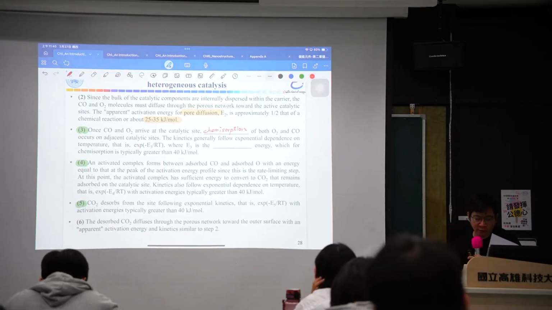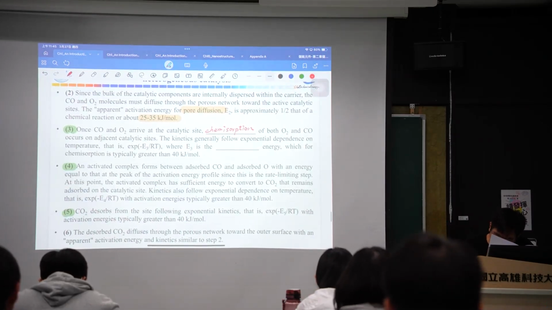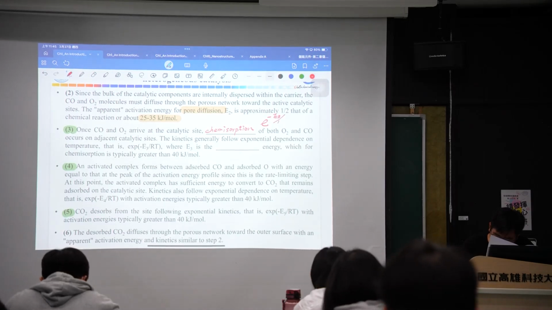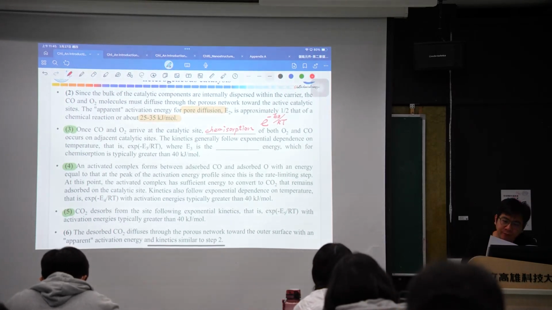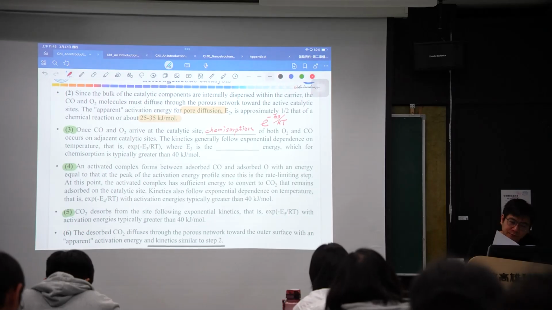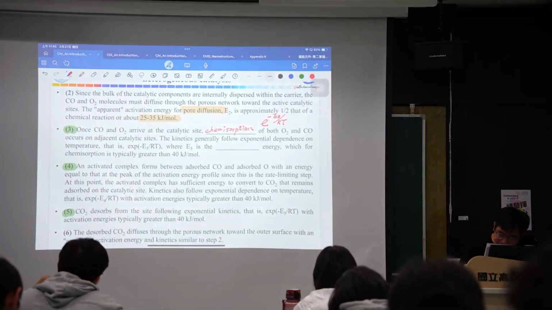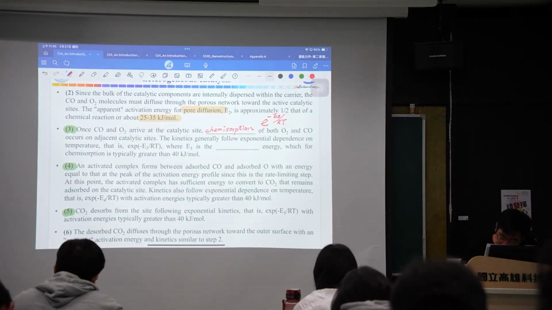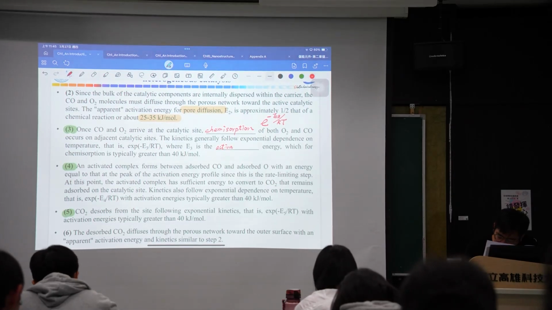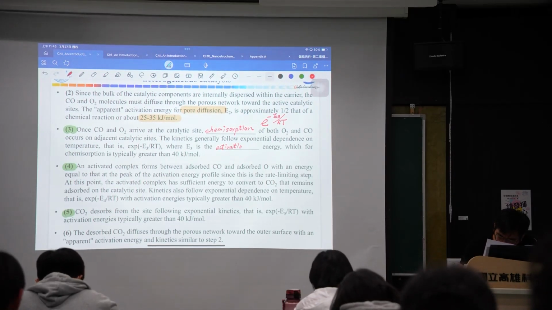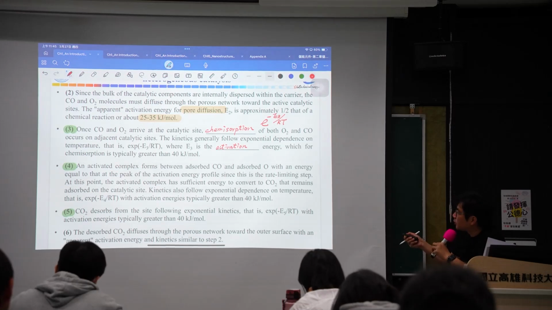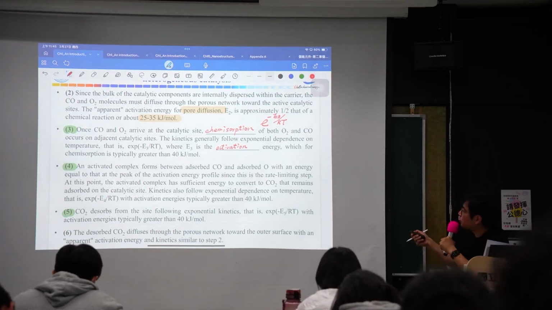Exponential of minus E over R. So E3 is the activation energy for heavy solution, which for a heavy solution is typically greater than 40 kilojoules per mole.